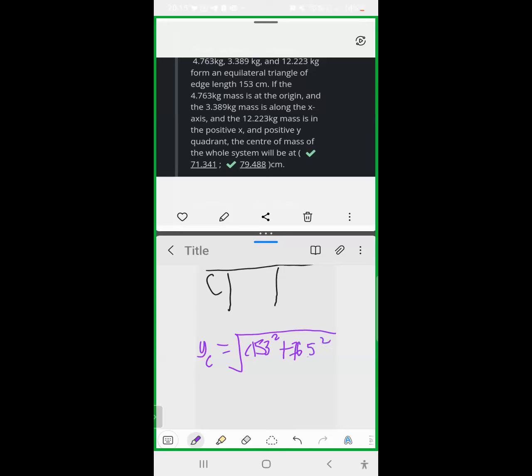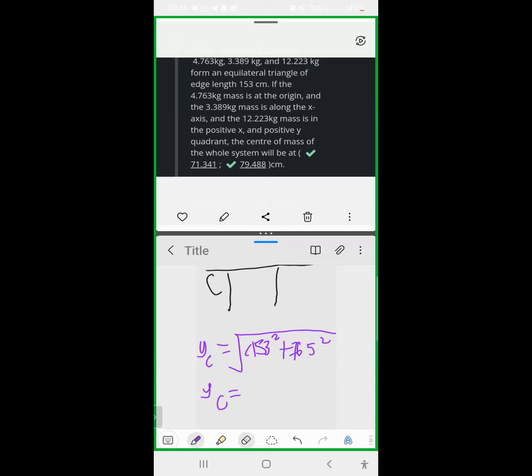Let's punch this on a calculator: 153 squared plus 76.5 squared. I made a mistake.